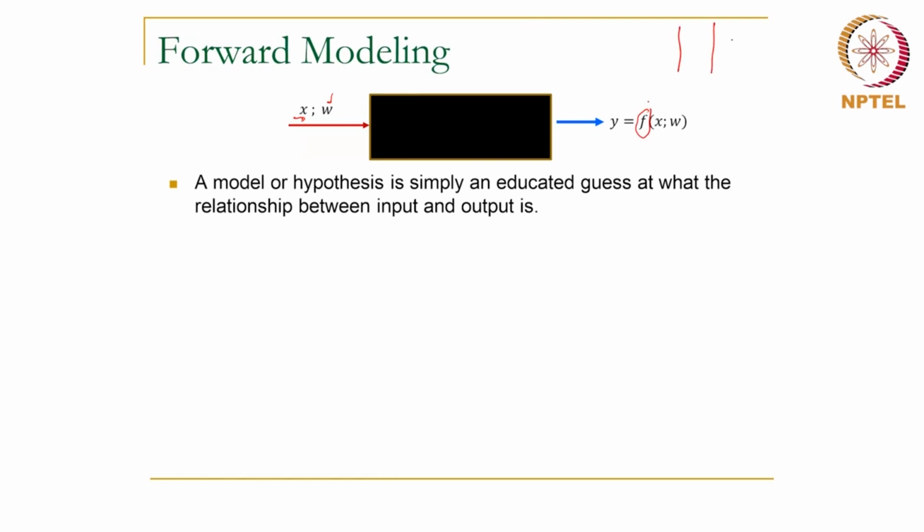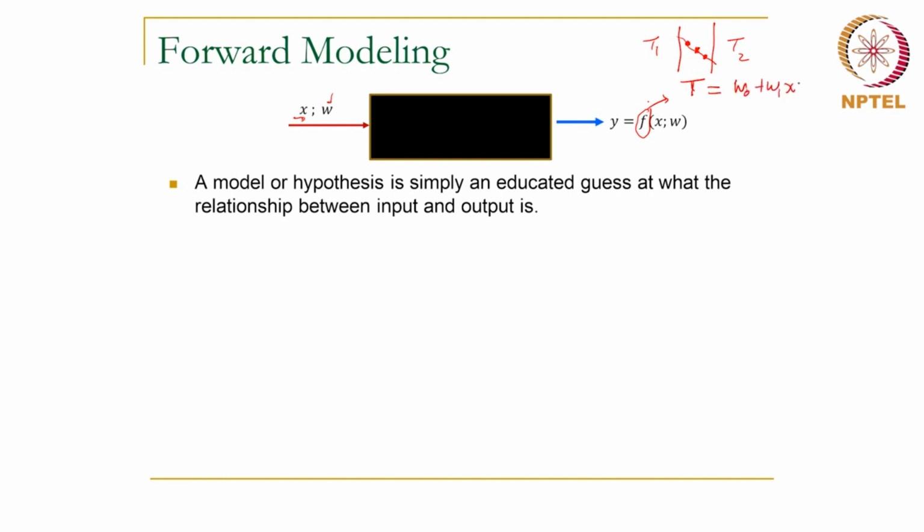There is some temperature here, some temperature here. We do not know what those are, and we have some measured temperatures in the middle. So we will make an educated guess that the temperature profile is T equal to some linear function, w0 plus w1x. So this is a guess.